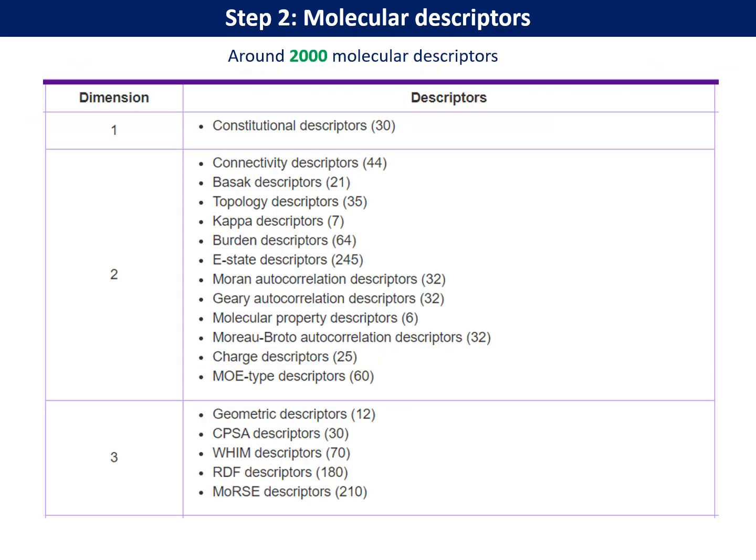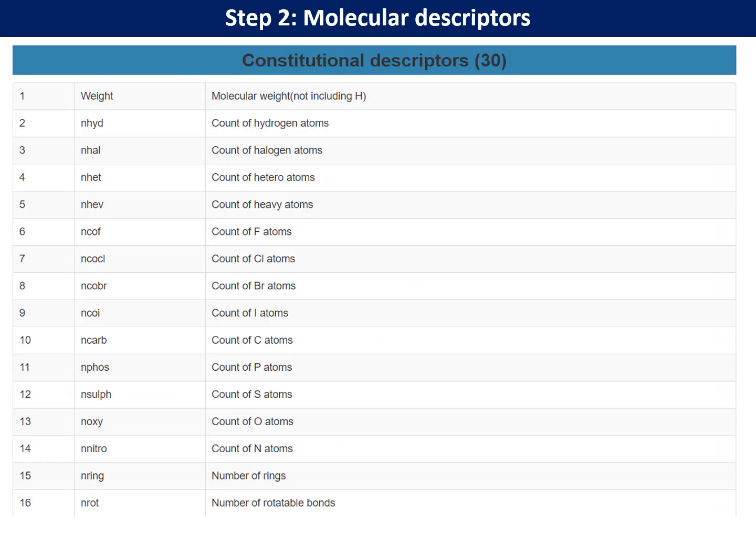Next, we have around 2,000 molecular descriptors that can be calculated by computers, including 1D, 2D, and 3D. In 1D, we have at least 30 molecular descriptors. I will show you detail about 1D.